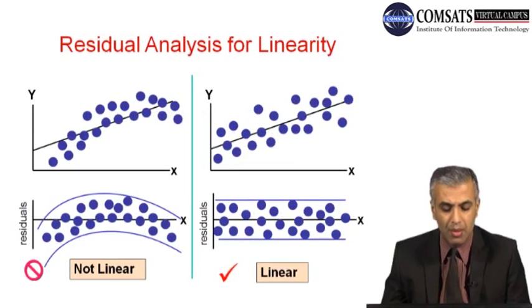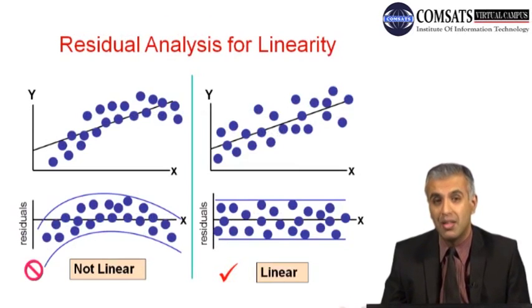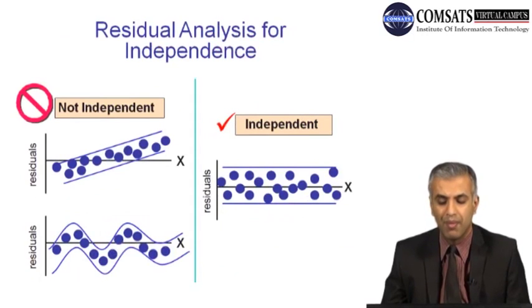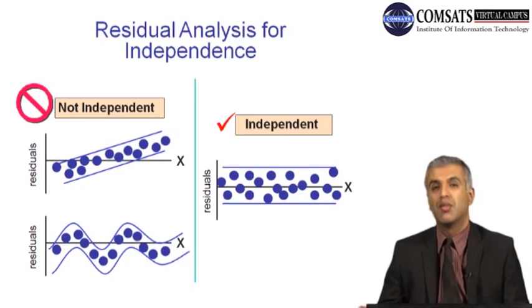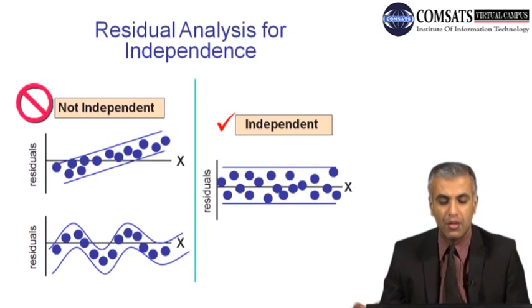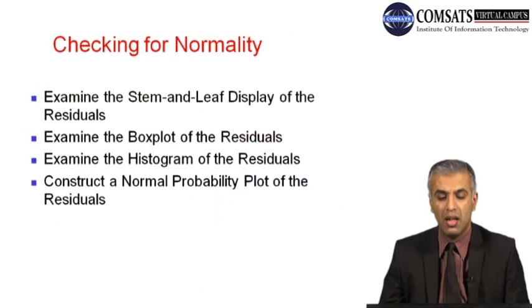Then we discussed the various patterns, what residual analysis is and what these patterns mean, which patterns are right, which are wrong, and how we are going to judge them. Likewise, these analyses also give us an idea of independence of errors. So which kind of pattern would be accurate and which would not. This was the depiction of those results which we discussed before.